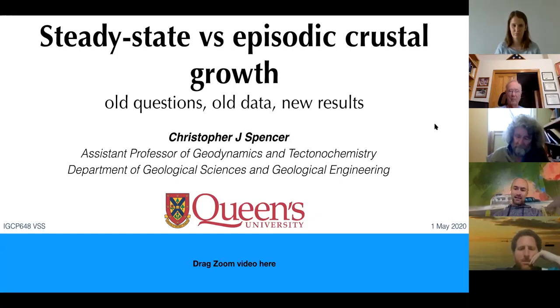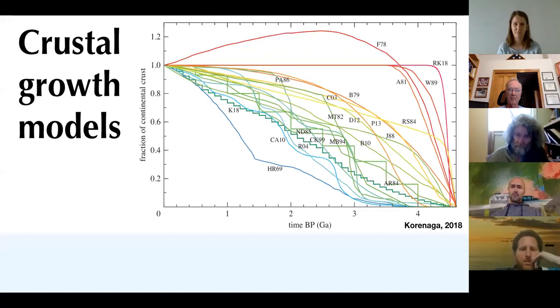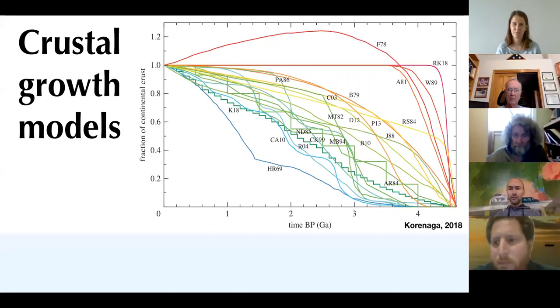And it's trying to address an age-old question of whether the continental crust grew rapidly over specific time intervals, so an episodic crustal growth, or whether crustal growth has been more or less steady state over the past few billion years. So here's a compilation of crustal growth models that June put together a couple of years ago, and as you can see, they're all over the place.